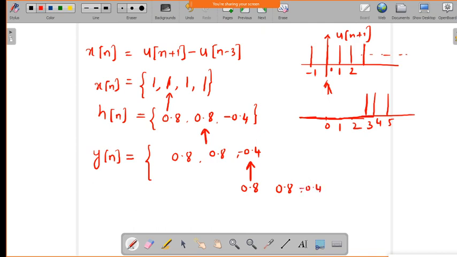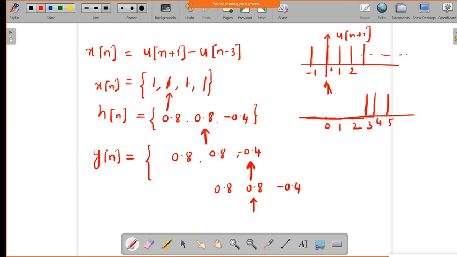So the origin is here, and as it is there is no shift, whatever is there you have to multiply.